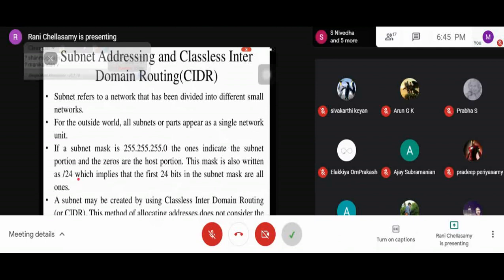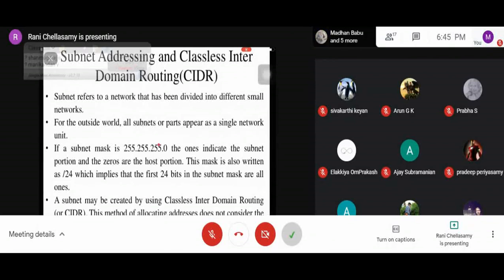And CIDR is classless inter-domain routing. That subnet may be created using CIDR. This method of allocating addresses does not consider the concept of classes. CIDR is mainly used for finding out the subnetwork.